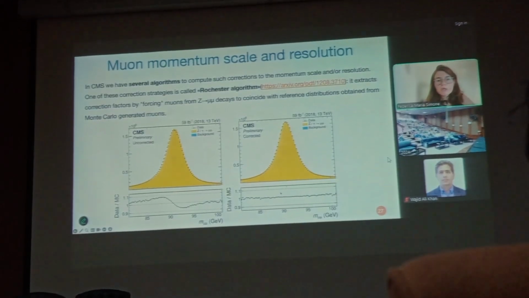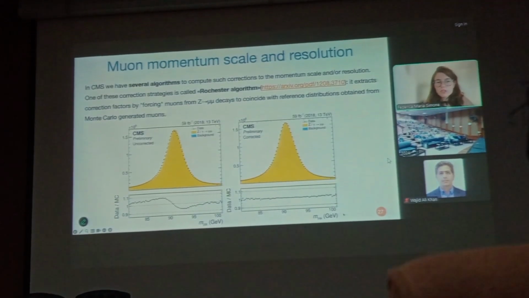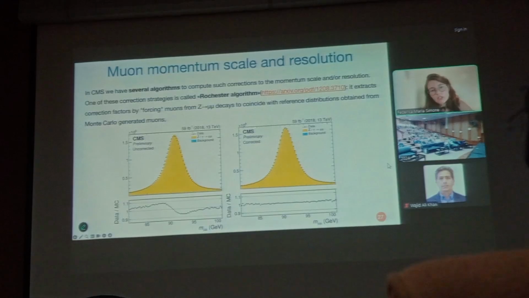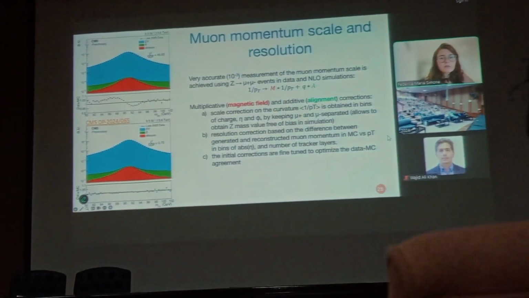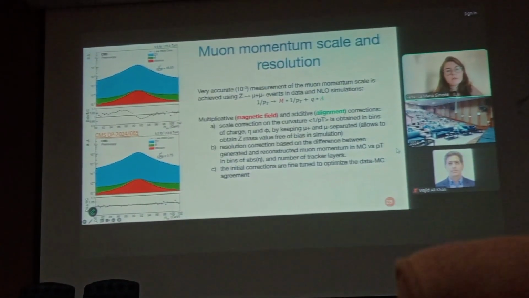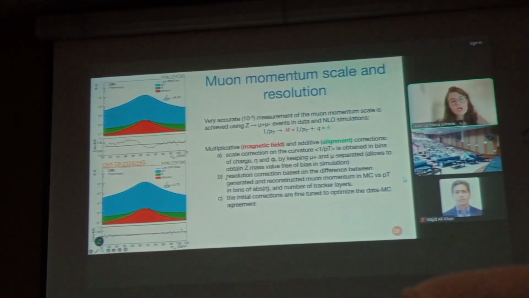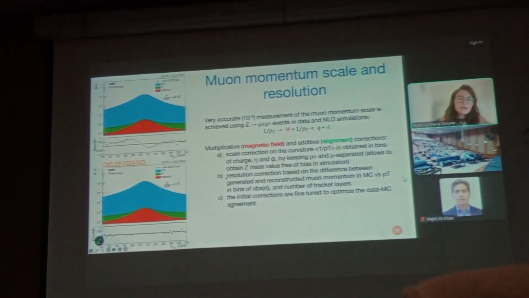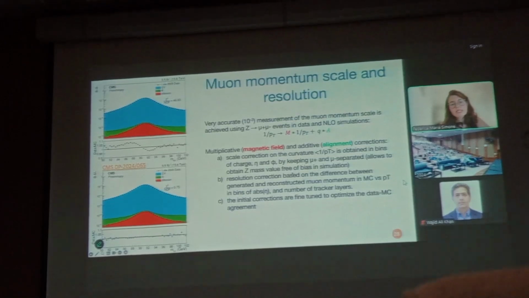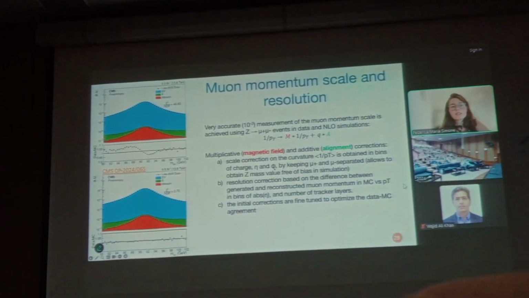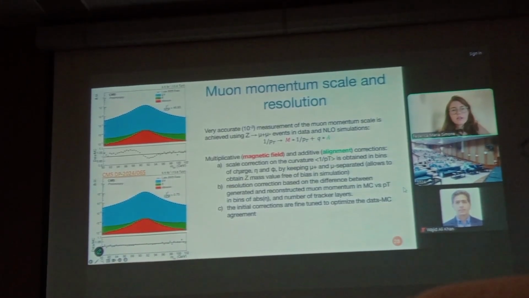After correction, we do expect the two distributions to match. The correction is implemented as a function of the muon PT, of course, but also as a function of the charge, the pseudorapidity and the phi angle of the muons, because, as I mentioned, the bias depends on all these three variables.